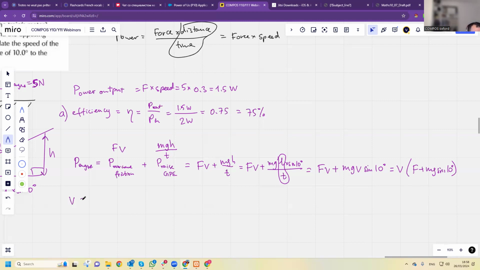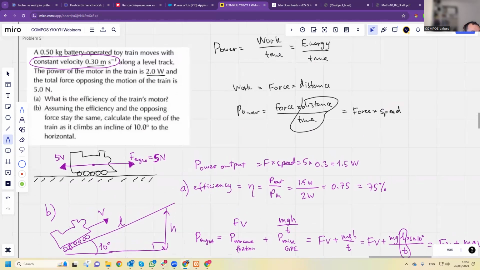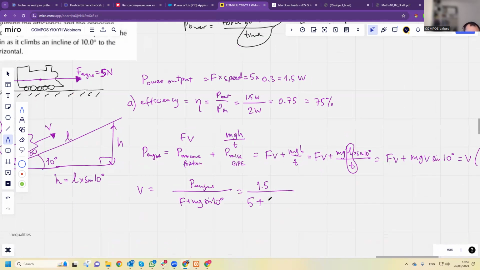And now v is equal to the power of the engine divided by F plus mg sine 10. And the power of the engine is 1.5 watts. It's the useful power, of course. And F is the force, which is 5 newtons, plus mg times 0.5 sine 10 degrees.